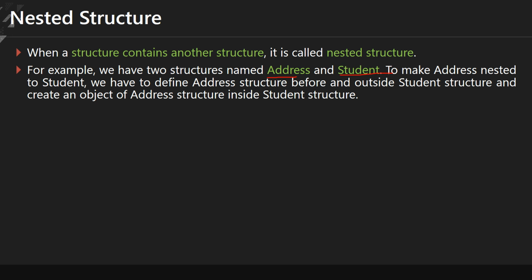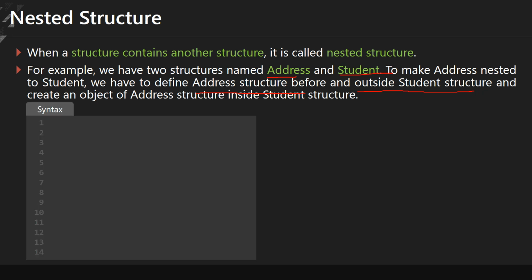To make address nested in student, you need to define the address structure before the outer student structure and create an object of address inside the student structure. Before you make any nested structure, you need to create that inner structure first. Let us see how to create a nested structure.